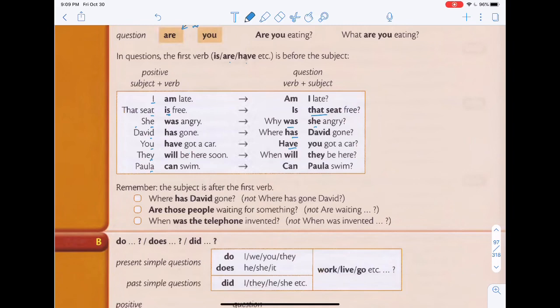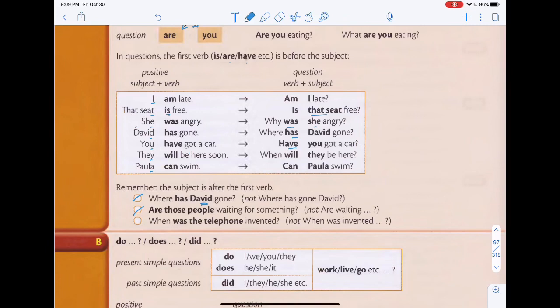Remember, the subject is after the first verb. Where has David gone? Alright, not where has gone David. The subject, which is the thing that you're talking about, can be a person, an item, or a place. The topic of your sentence, the subject of your sentence, has to come after the first verb.